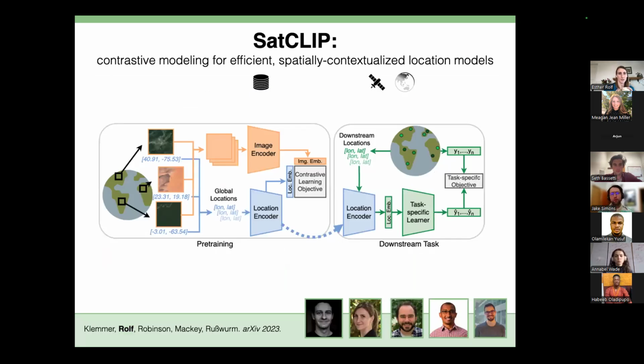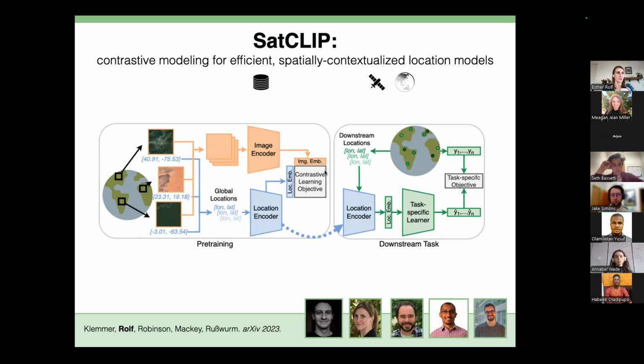And one of the most exciting projects that we've done recently is looking at a different type of geospatial machine learning model. This is a model that, like Mosaics, tries to capture the variation that we have in satellite imagery across the globe. But rather than capture it in an image encoder, by just translating what we see in the images in all these different places, we also want to train a location encoder, which is a function directly of latitude and longitude.